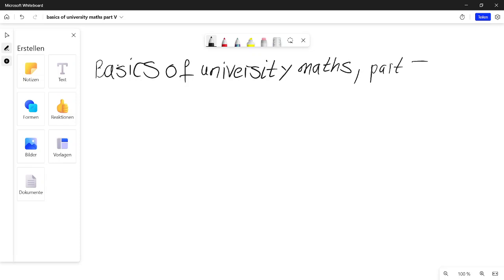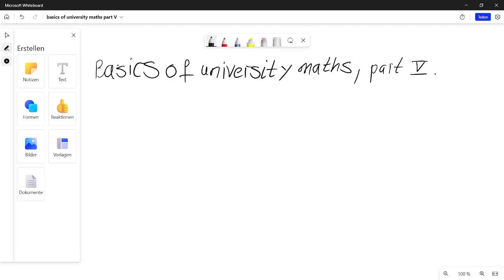Basics of University Maths Part 5. I wasn't quite satisfied with how I just briefly sketched the sigma notation in the video matrix arithmetics, and so I would like to do it in a more proper fashion just in this course that is considered general preparation for other courses on university maths that I'm doing.